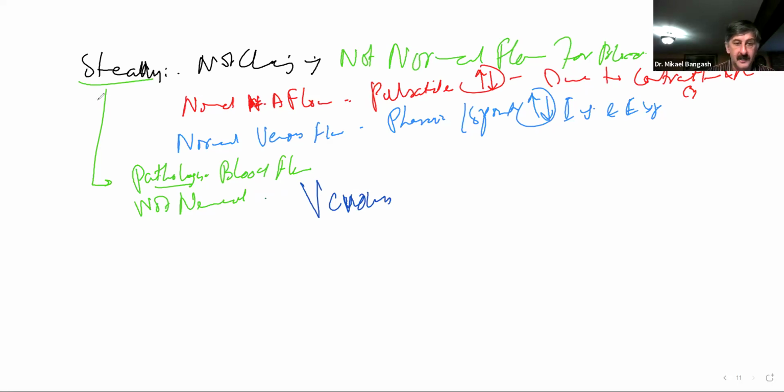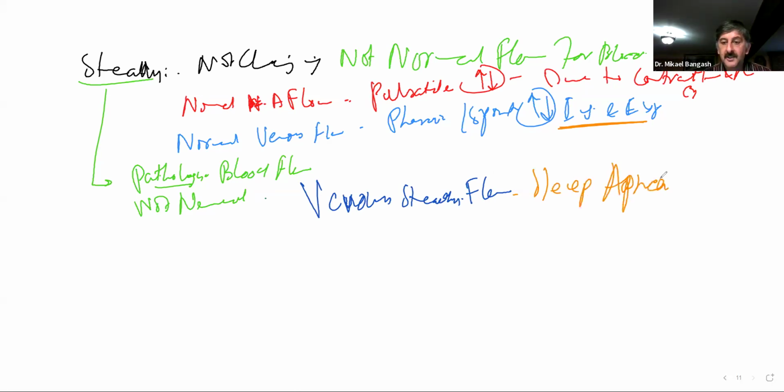Venous steady flow, where there's something wrong. So mainly during sleep apnea is where you may see steady flow in the veins.